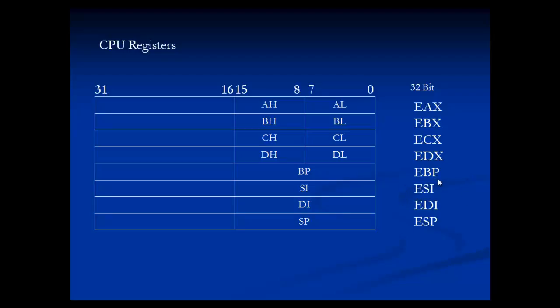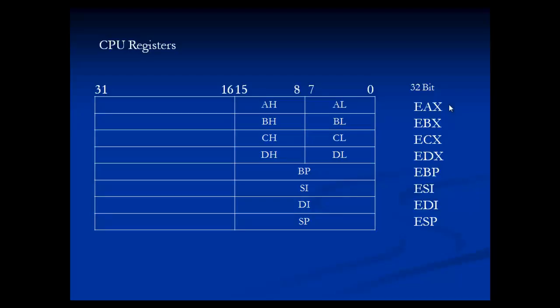And then we have EBP. EBP stores parameters or variables on the stack. The base pointer holds the location of the current stack frame. We'll see what it is. The full form of EBP is extended base pointer. I forgot to tell, EAX stands for extended accumulator register, and EBX stands for extended base register, and ECX for counter register, EDX for data register, EBP for extended base pointer.